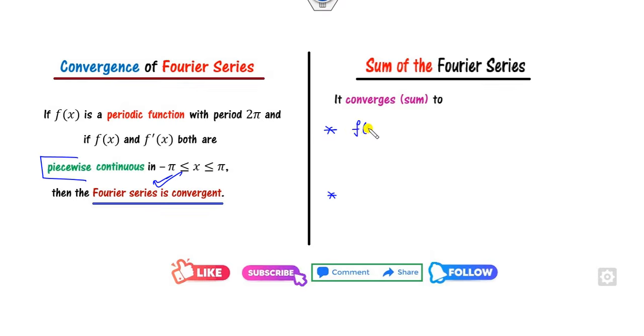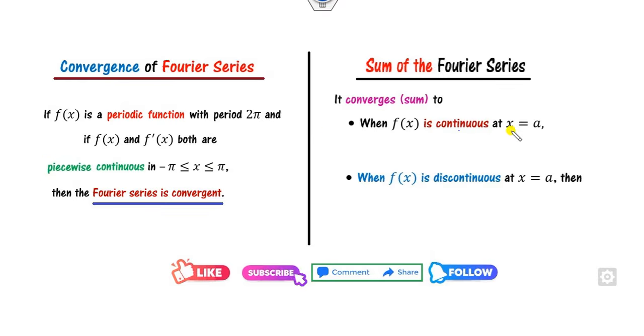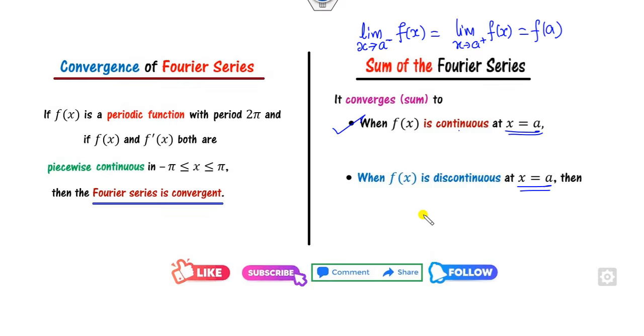The first case is when f(x) is continuous at the point x equals a, and the second is when the function is discontinuous at the point x equals a. How can you check whether the function is continuous or discontinuous? You have to find the left hand limit and the right hand limit of the function. If they are equal to f(a), then the function is continuous, otherwise discontinuous.